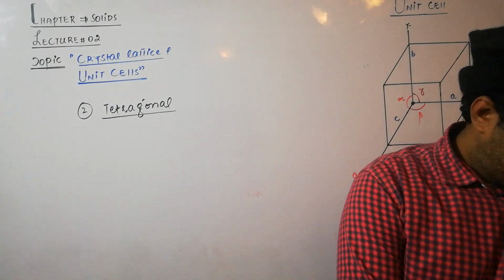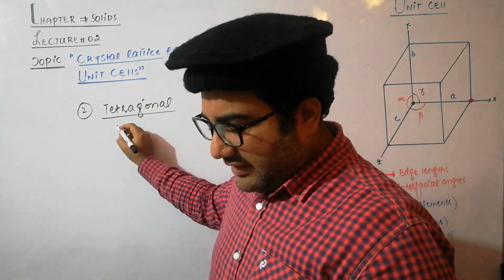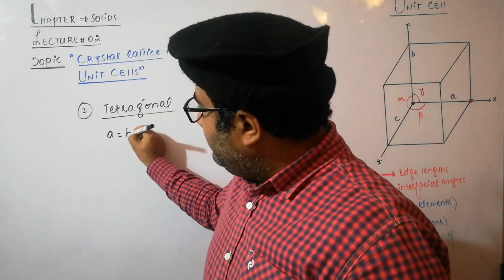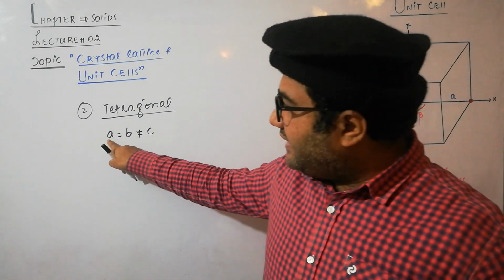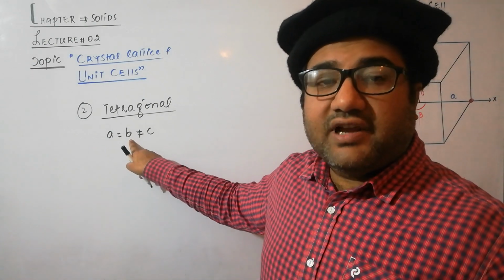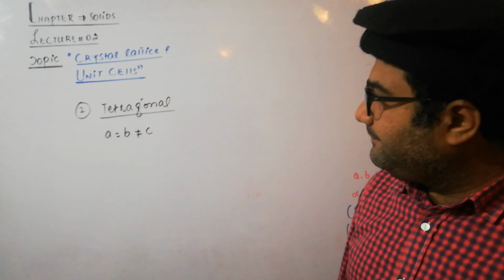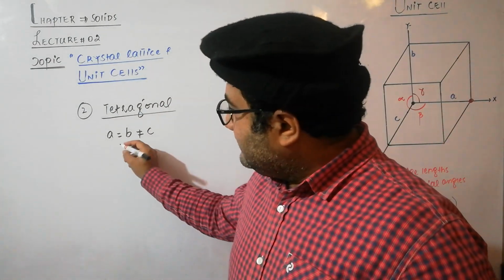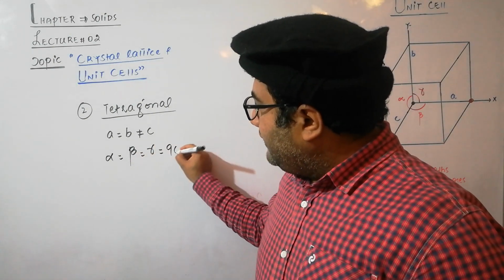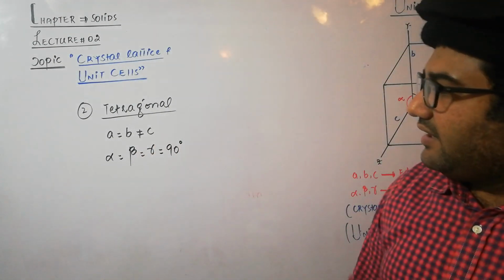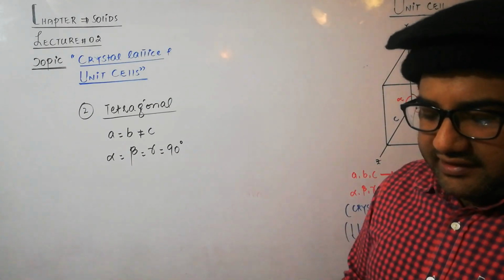In case of the tetragonal unit cell, the relationship between the crystallographic elements is a = b, but b ≠ c. Meaning the edge length on the x-axis is equal to the edge length on the y-axis, but these two are different from the edge length of the z-axis. And in case of angles, alpha = beta = gamma = 90 degrees. Angles are all the same and they are at right angles to each other.